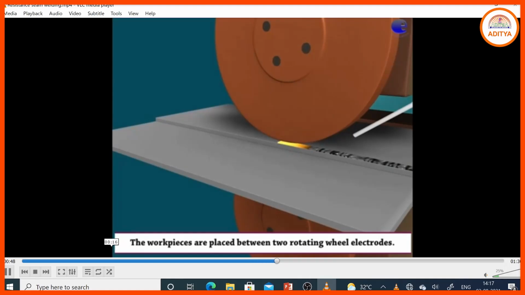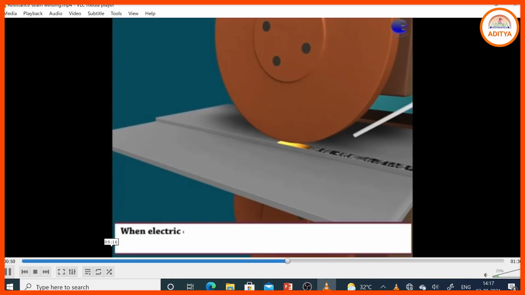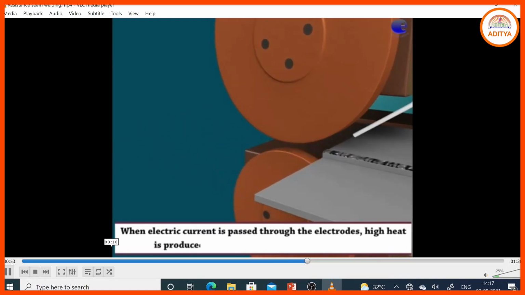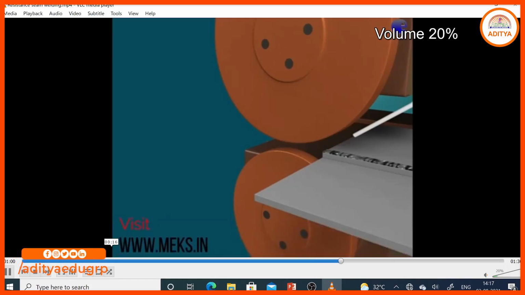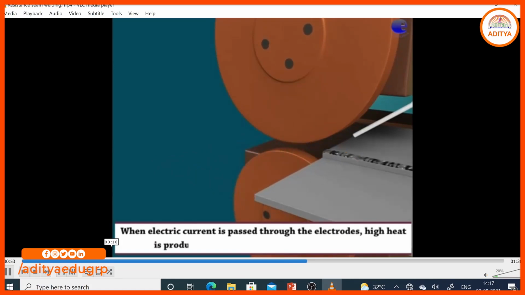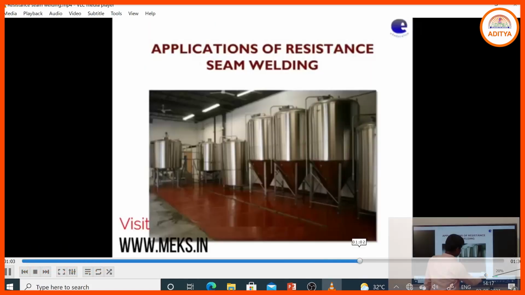When we apply the current, a heated zone is created in both the metal pieces, and during that time we apply pressure using both the disc type electrodes, which helps to create the joint across that particular plate.